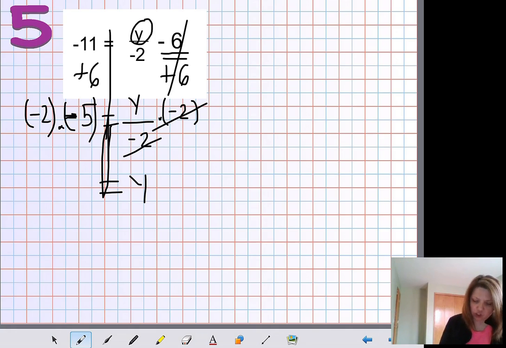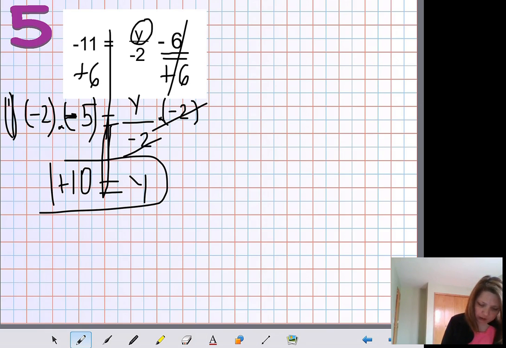So -2 times -5 will give us -10, and actually, is it -10? No, it will be +10. So that will be the final answer, and I want you again to focus on that. When we multiply two negative numbers, we multiply the numbers and we change to a positive sign. So good example of working with positive and negative integers.